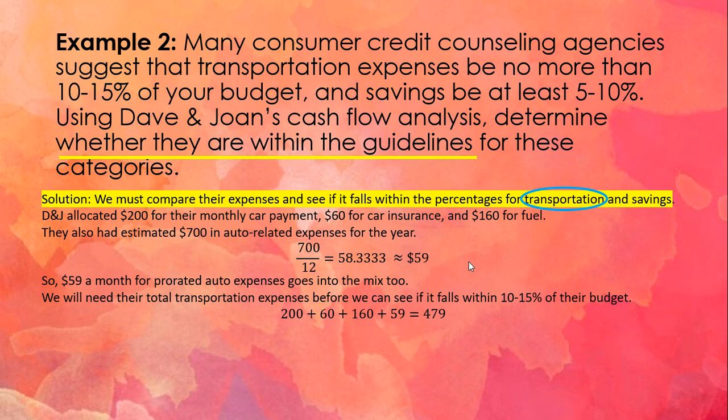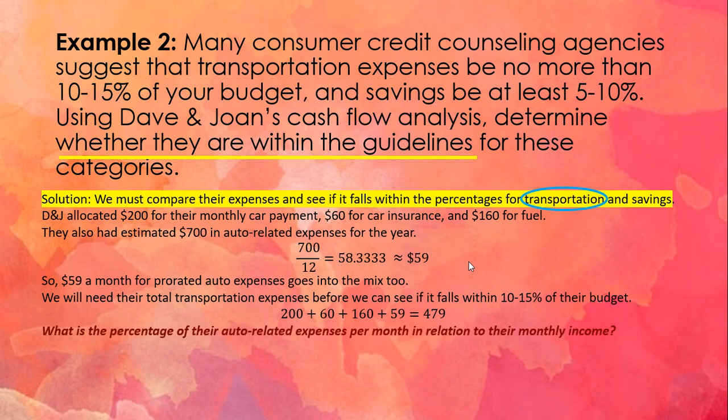If it is within that, then they're following the credit counseling agency suggestions. If it's less than that, then they're actually doing pretty well. If it's more than that, then they're going to want to perhaps lower some of those transportation fees in one way, shape, or another. So our goal is to figure out what the percentage is so I can compare it to 10 to 15%, right?